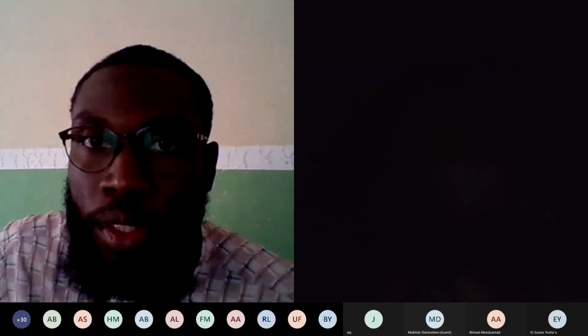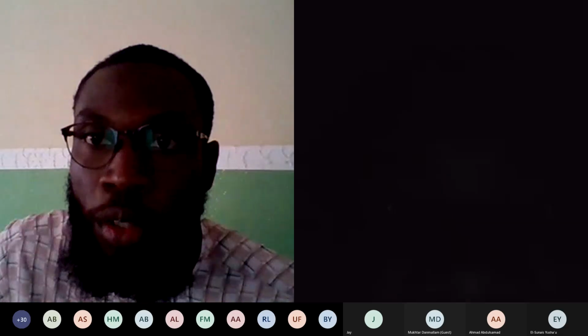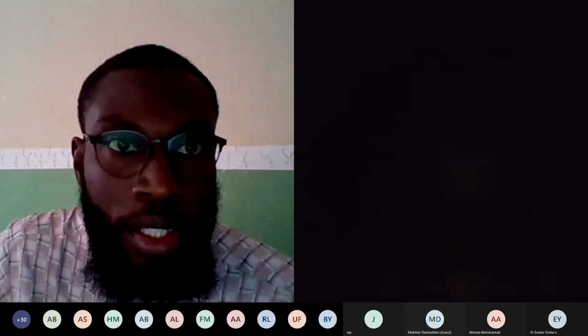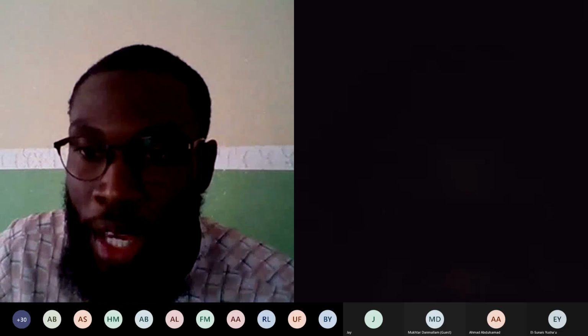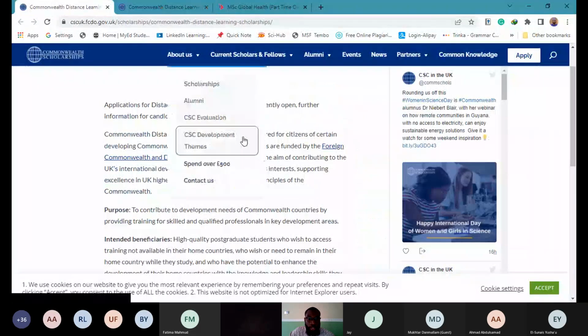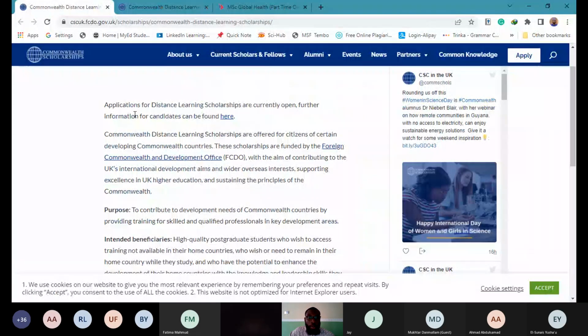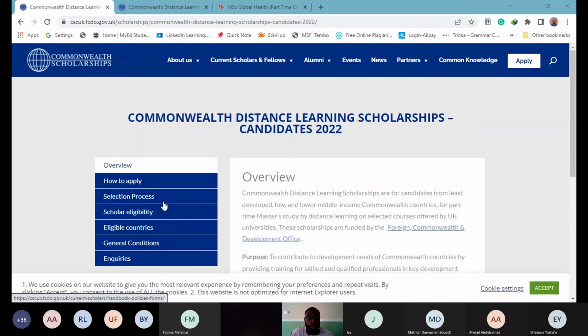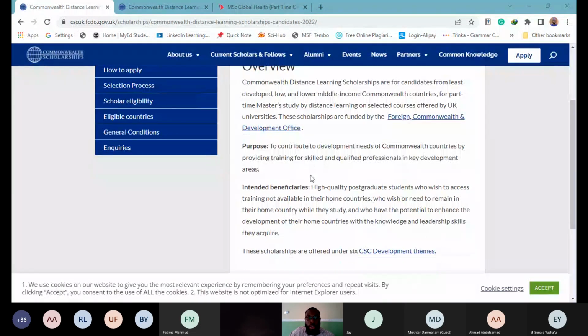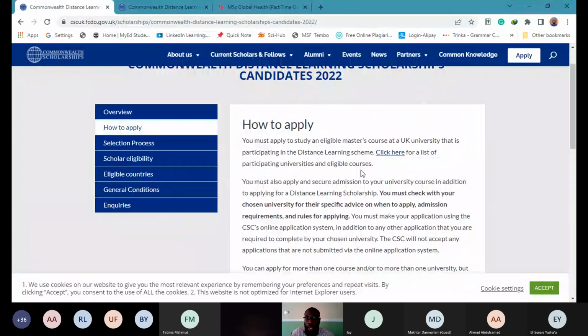So the next thing we're going to talk about is the Commonwealth Essay. We would be going back to the site. So this is the site. When you come to our application, they will tell you further information. This is the overview, and they will tell you how to apply.